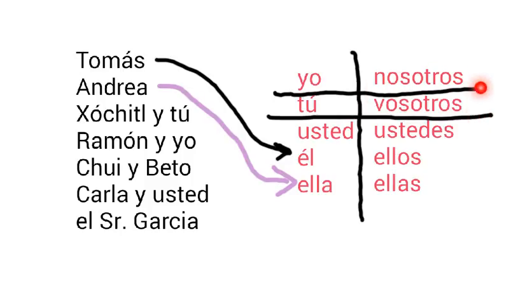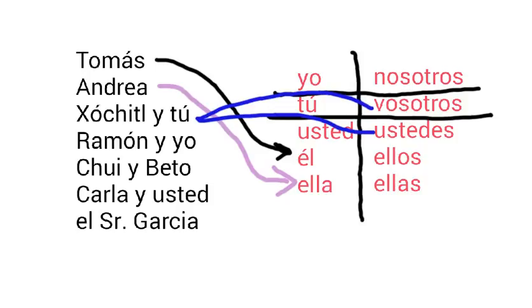If we are not in Spain, we would use ustedes. Did I indicate a country here? I did not. So I will accept either one in this case. So we could go with tú y Xochitl, could be either vosotros if they are in Spain, or they could be ustedes if they are in any other country of the world.